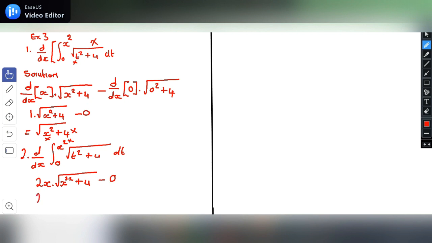Therefore, we're going to have 2x times x to the power of 4 plus 4. This is how we do it. But don't use this shortcut because you're going to forfeit marks. I prefer you to use the steps that we were doing. So let's do the last one, which is more complex. Example 4.